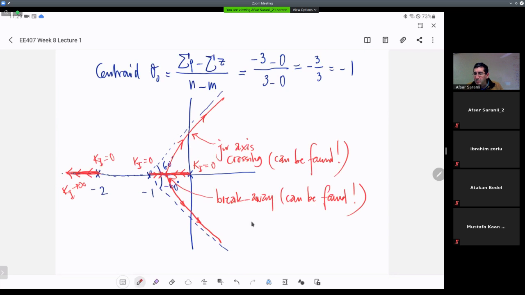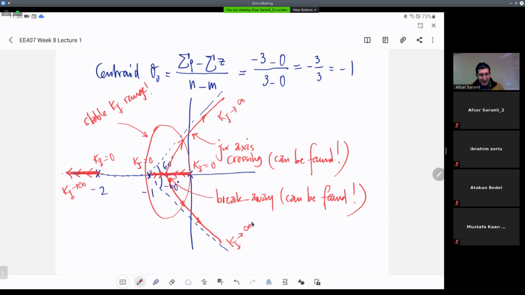The other ones meet up at the breakaway point and branch away to a complex conjugate pair. And then as ki goes to infinity, both branches actually cross to the unstable side. Okay? So here is your stable range, stable ki range.